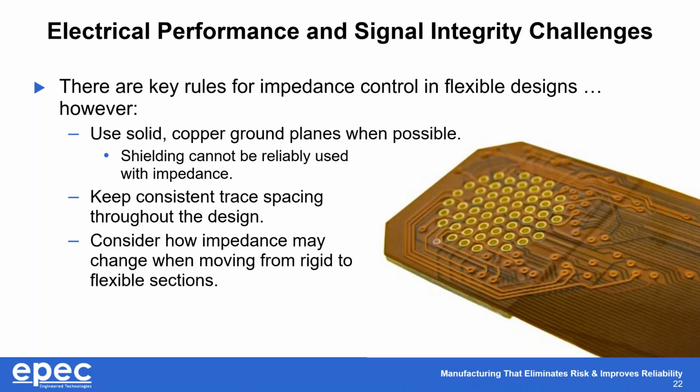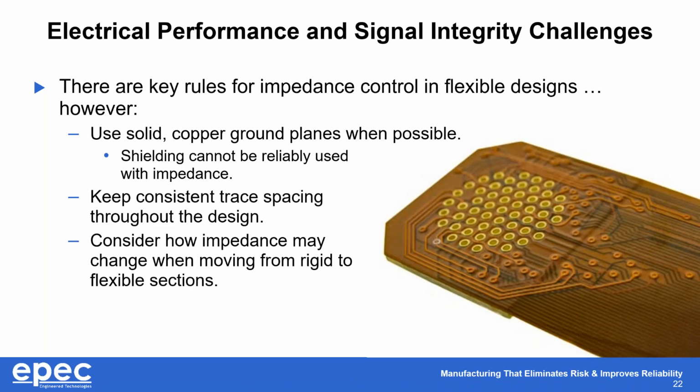You'll want to keep consistent trace spacing throughout the design. Any waivers in trace spacing, movements, things of that nature are going to introduce issues with your impedance. And you'll want to consider how it moves from rigid to flexible sections and how your traces are done there.